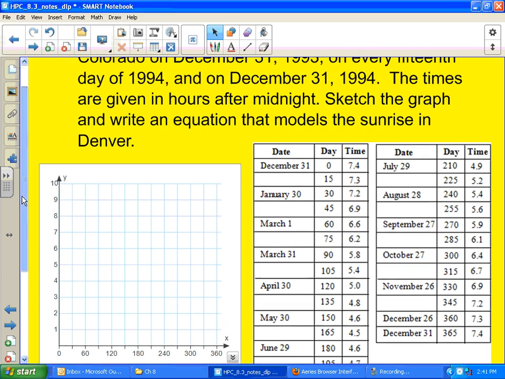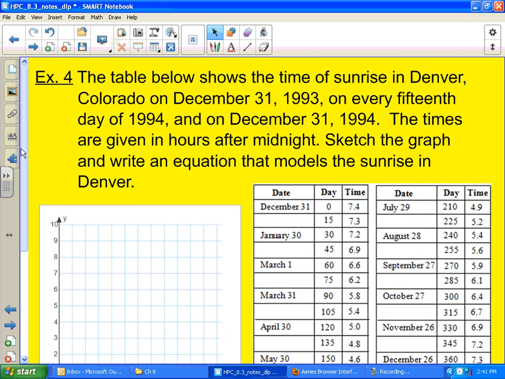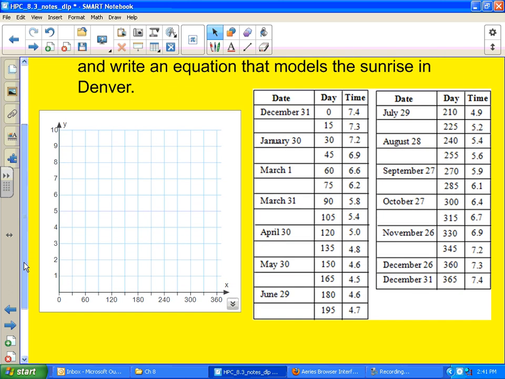Last problem here, we've got sunrise times in Denver, Colorado. And we're going a full year from the 31st of December to the 31st of the following year. And we've got these charts broken down as number of days and the time at which the sun popped above the horizon.